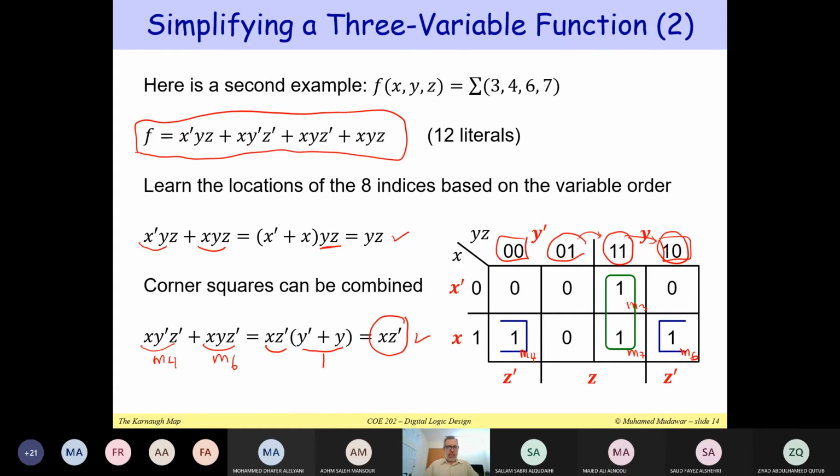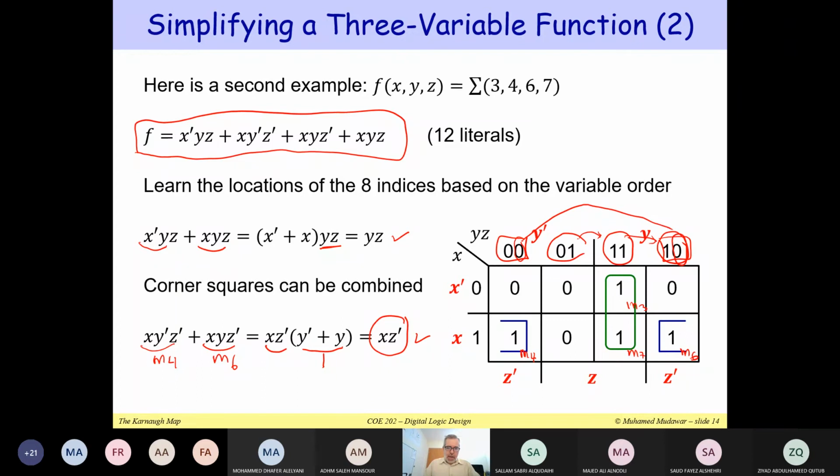You can also see that clearly from the Karnaugh map: x is equal to 1 and z is equal to 0. For these two minterms, look at z. Z here is 0 and z is 0. So that's the same, z equal to 0, so that's z prime. So it is x and z prime. You don't really have to show it algebraically. You can get the term directly from the Karnaugh map. That's the nice thing about the Karnaugh map.